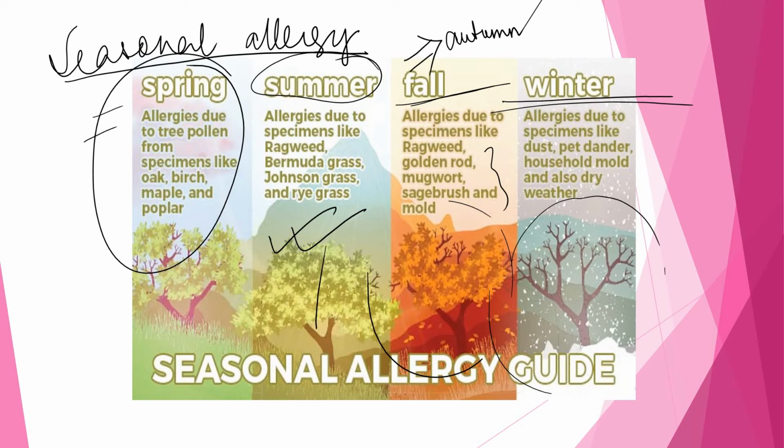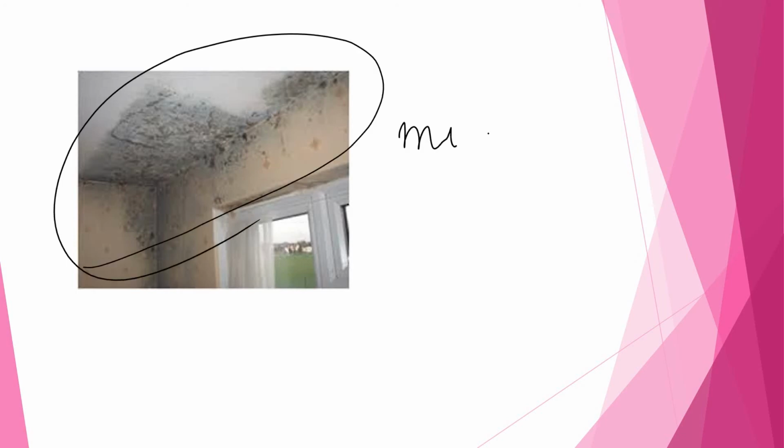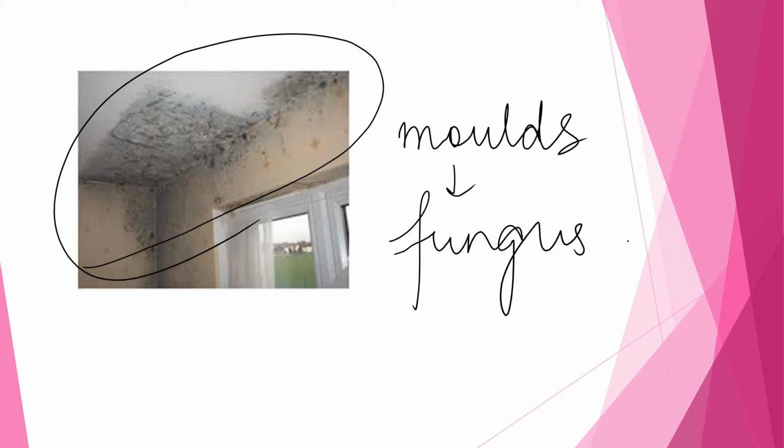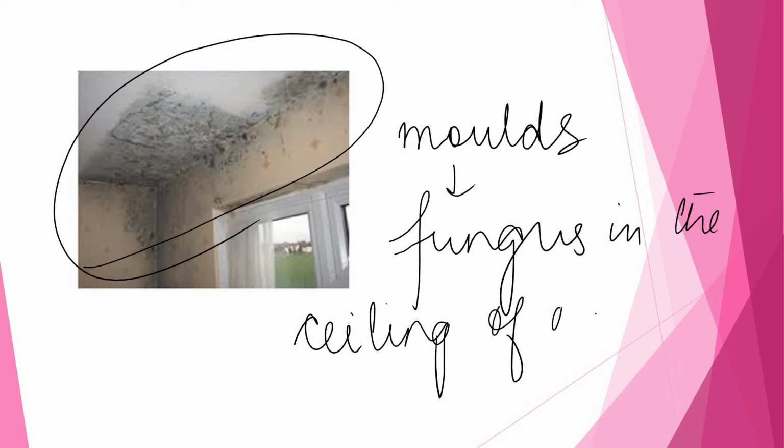So that was about non-seasonal or perennial and seasonal allergy, types of allergy. And also you can see these are certain molds. That means these are fungus in the ceiling of a room.